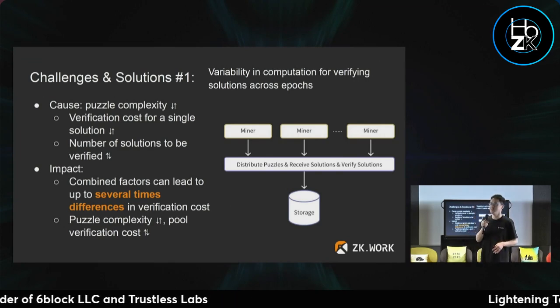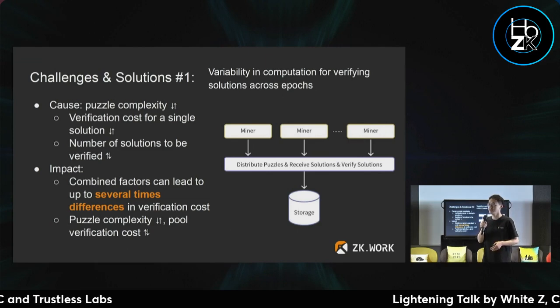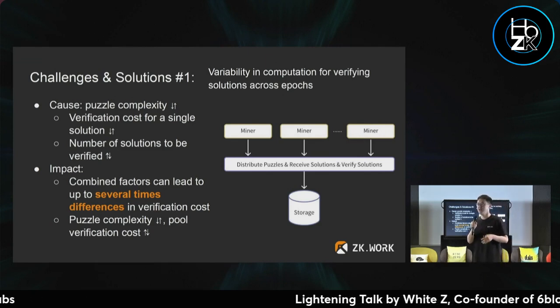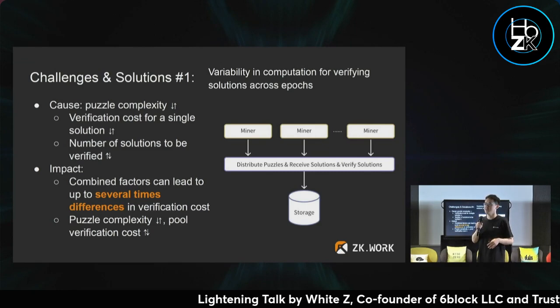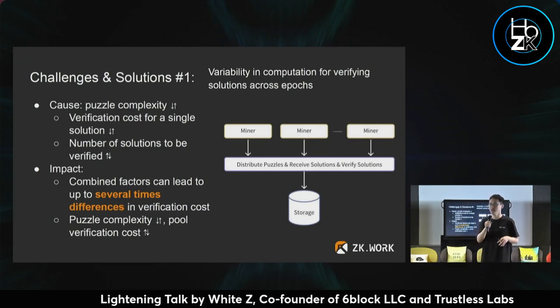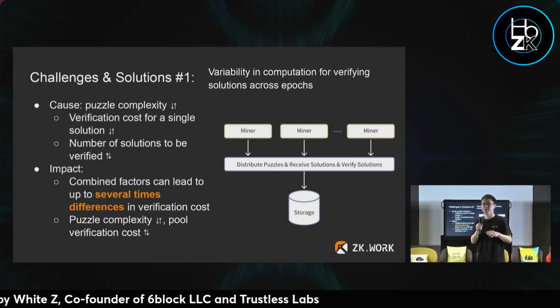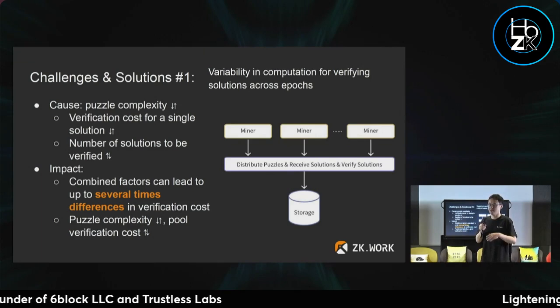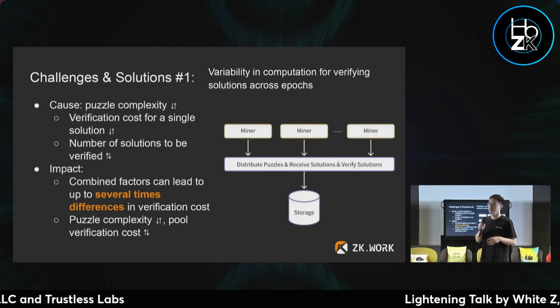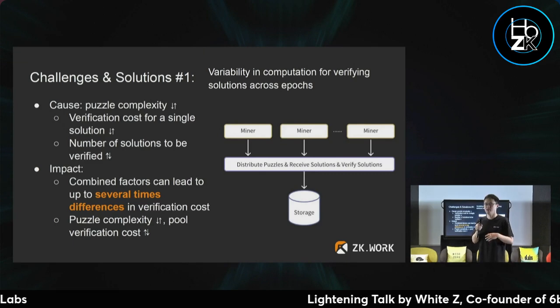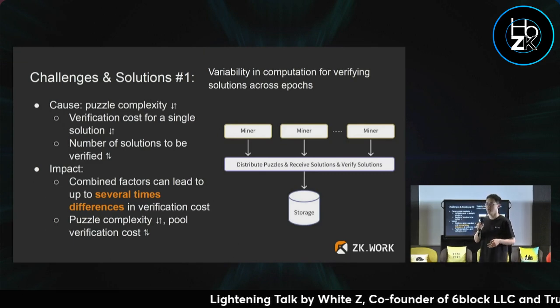So you can see that the verification cost for a single solution is changing up and down. At the same time, the number of solutions to be verified is also changing, because when the difficulty gets lower in a specific epoch, the number of solutions becomes larger in that epoch.